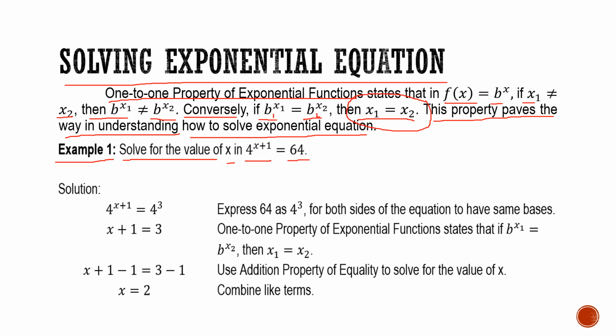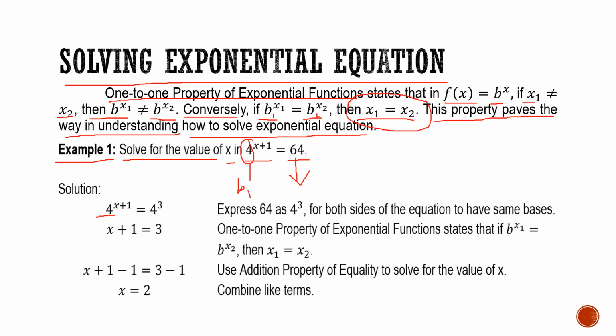Now, here, as you can see, your base 1 is equal to 4. How can we express this 64 if we're using a base 4? What will be the exponent of 4 that can give us 64? You need to look for an exponent of 4 that can provide you a value equal to 64.